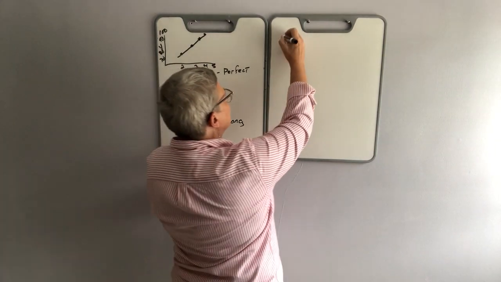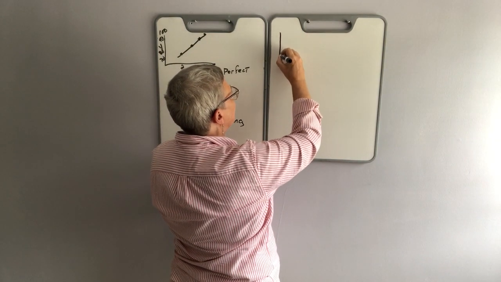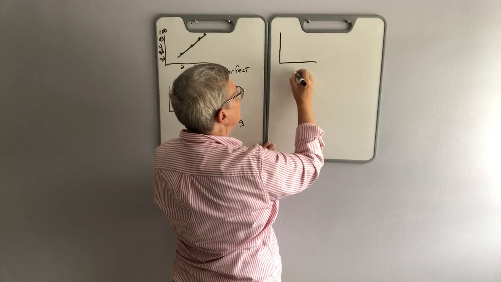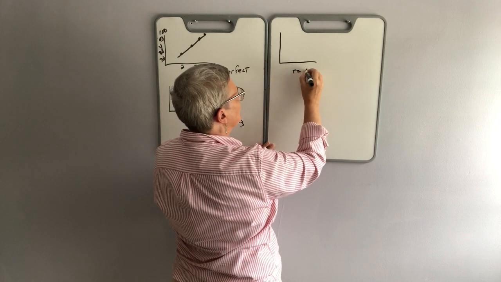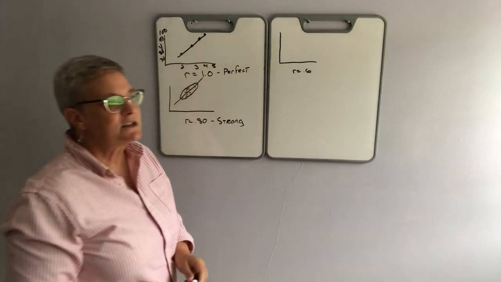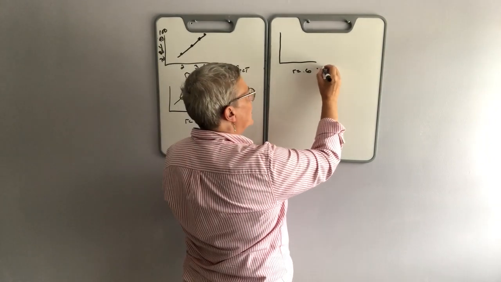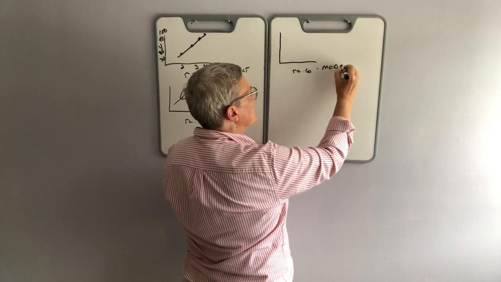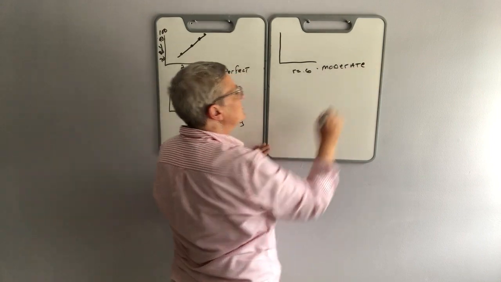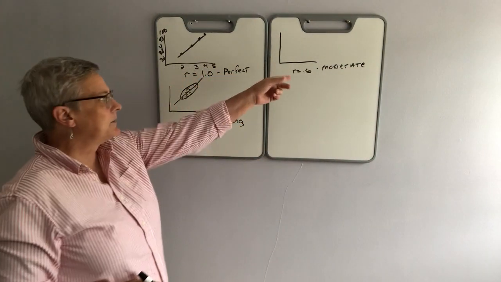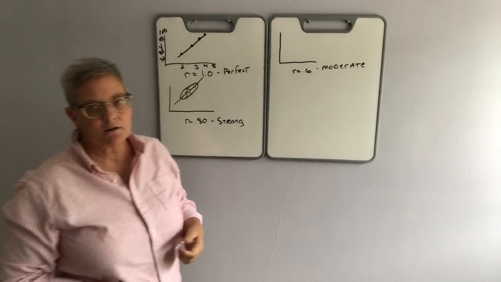If I go to 0.6, I get in a little bit of trouble. With 0.6, this is what we call a moderate correlation. And we're still doing amount of time I'm studying versus my test score.